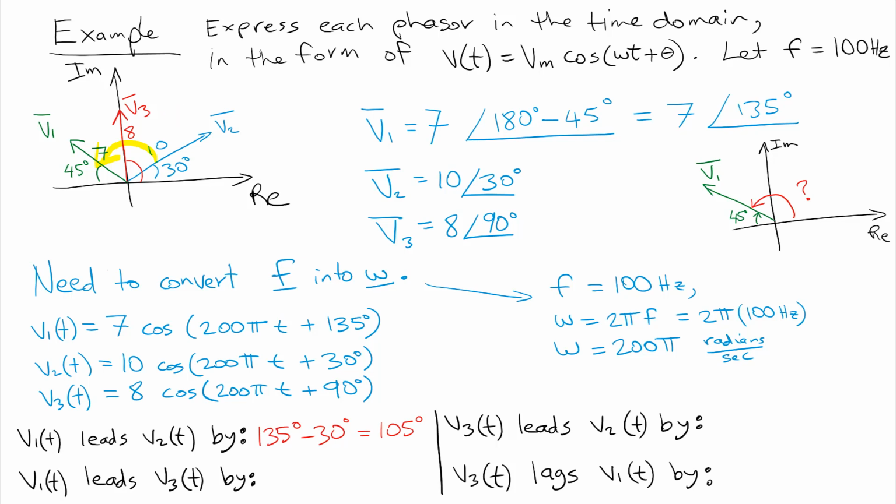Okay, so let's do the next one. V1 leads V3 by what? So we're looking at this angle right here. We know V1 is at 135 degrees and V3 is at 90 degrees, and the difference between those two is 45 degrees.